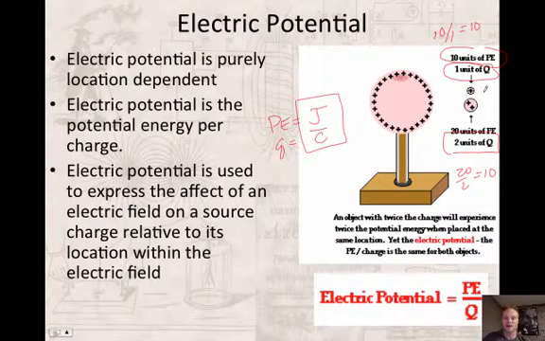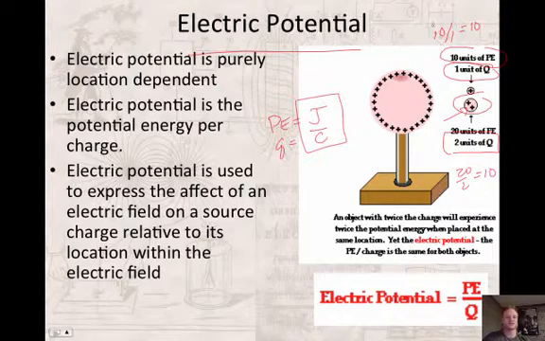This object has more energy, more joules, but if you look at joules per coulomb, they are actually equal. If you just look at joules, this object has twice as much energy as this one.